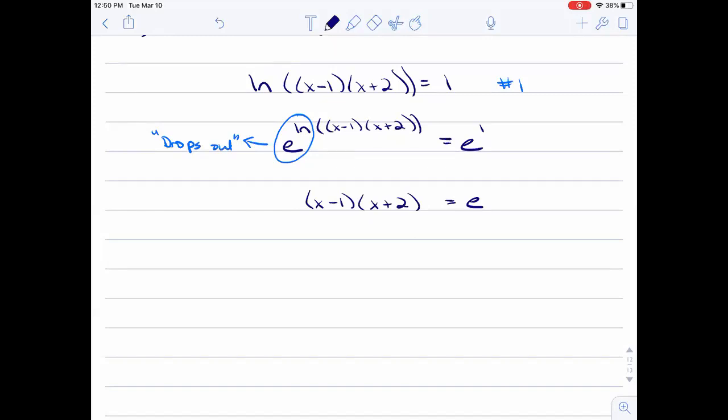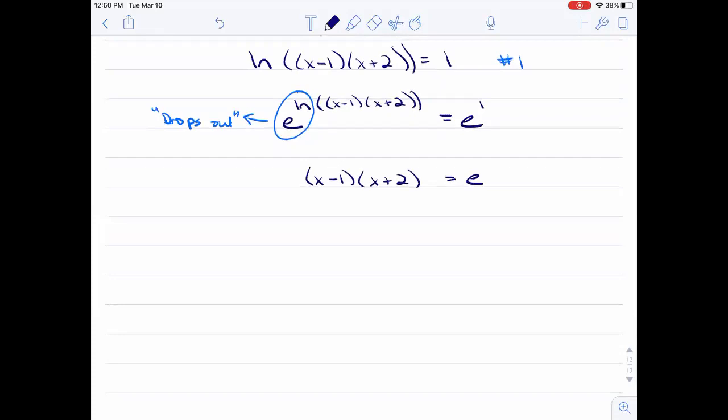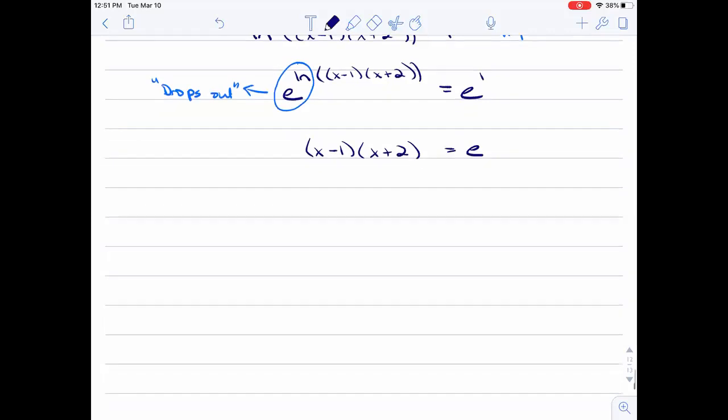e is a number, but just like pi, it's an irrational number, so it just keeps going and going. But your calculator's got it, or at least a pretty solid approximation programmed in. So now, to solve for x, expand this thing, because it looks like I should be able to get a quadratic equation, and then I can use the quadratic formula. Expanding, I get x squared plus 2x minus x minus 2 equals e.